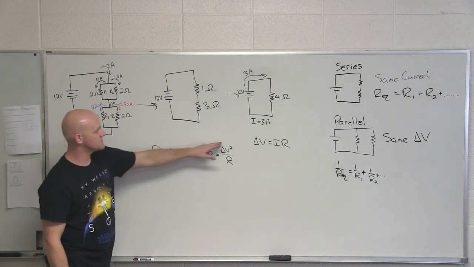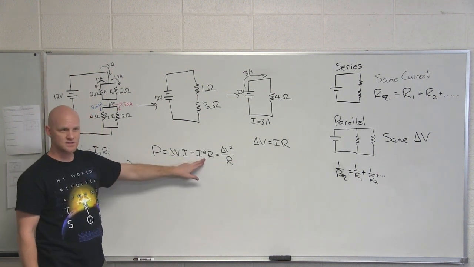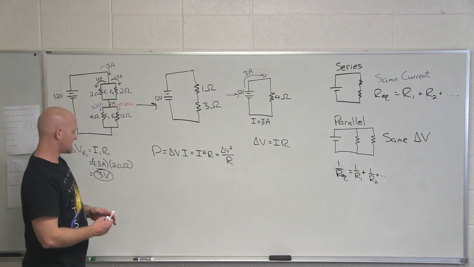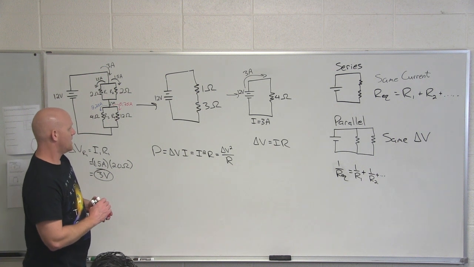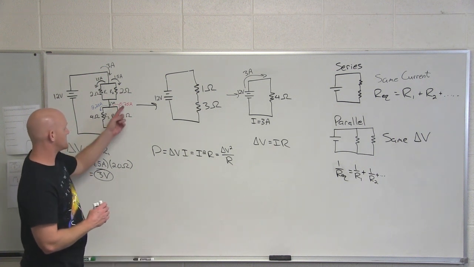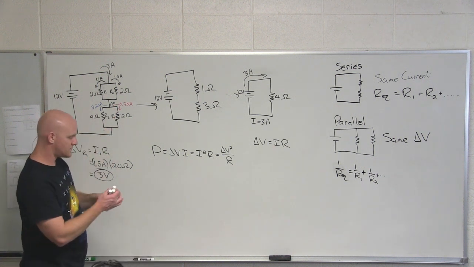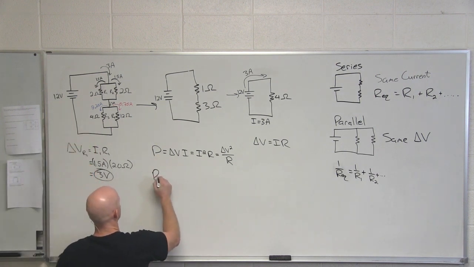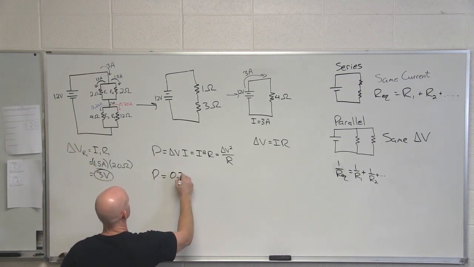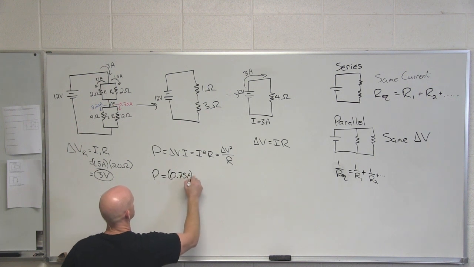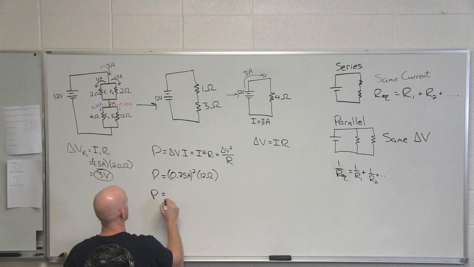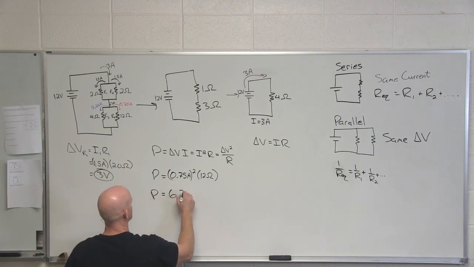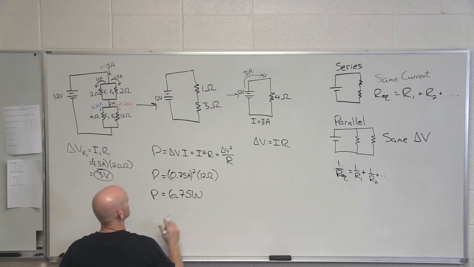Okay, then I probably shouldn't use one with delta V in it, so we're going to go to I squared R. So in this case, I is 0.75, R is 12. What are we going to get for the power dissipated through R4 here? Awesome.